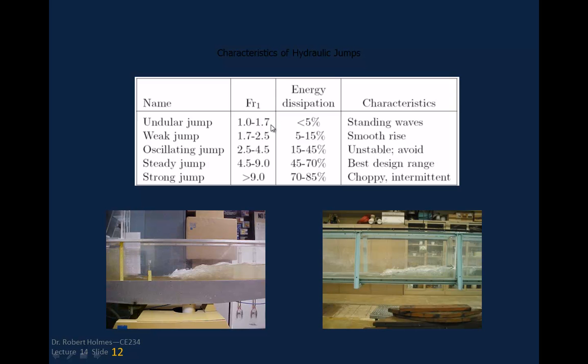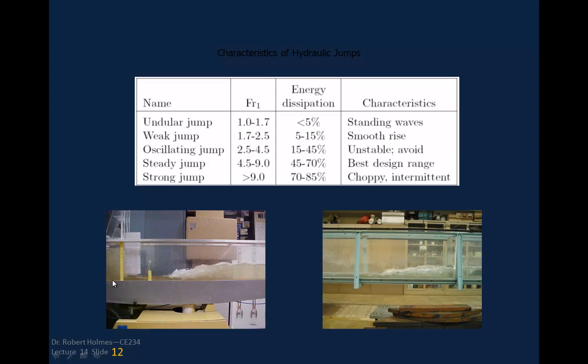The Froude numbers are not very high on the upper end, so they're not well defined. A very strong or steady jump has really high Froude numbers, and so the water's coming out from under the sluice gate here, supercritical, with very high Froude numbers, and subsequently we have a very well-defined hydraulic jump.